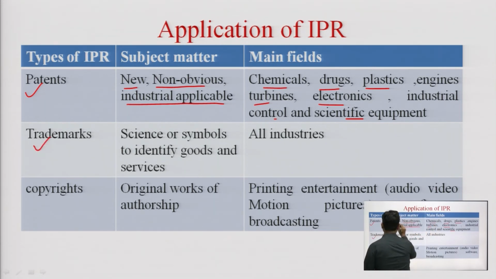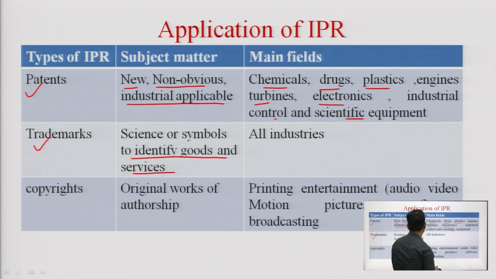Trademarks. What are trademarks? Signs or symbols to identify goods and services, okay. The subject matter is signs or symbols to identify goods and services, and it is applicable to all industries, okay. Now, the copyright type of IPR is for original works of authorship.